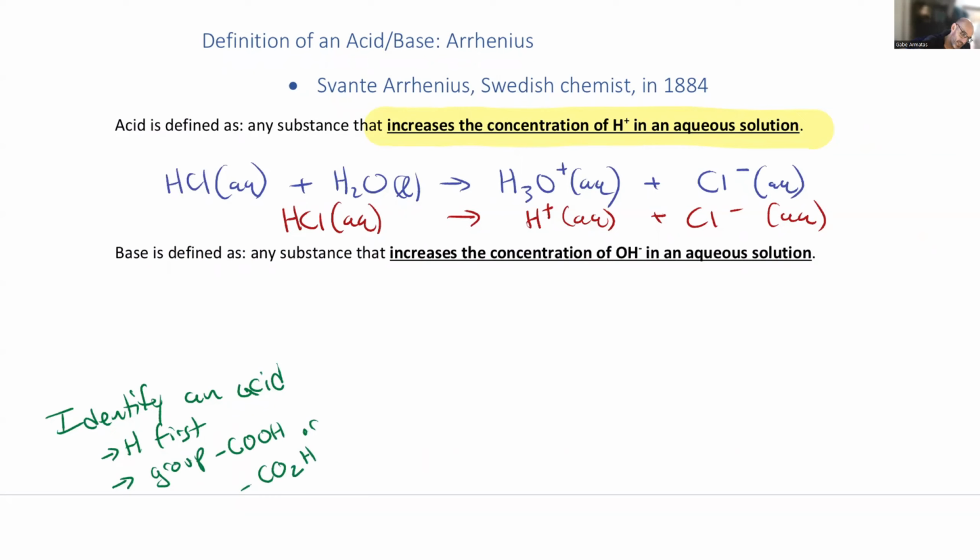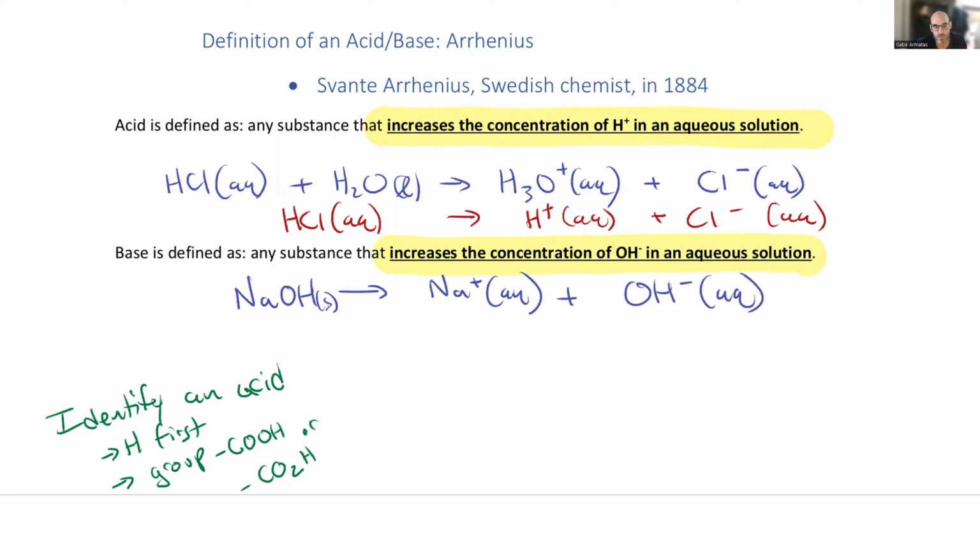In terms of base, a base is any substance that increases the concentration of OH- in solution. So NaOH, which is a solid, if I drop that in solution, I end up with Na+ aqueous, which I don't really care about, but I do care that it actually puts aqueous OH- in solution.